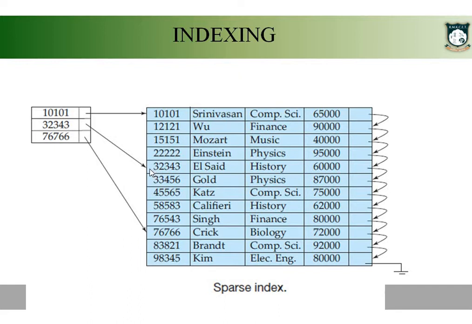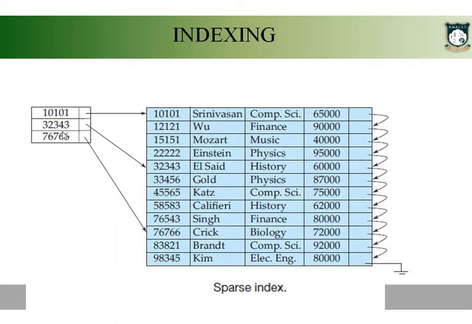Okay, is it clear? Suppose you are looking for the instructor record 12121. You don't have an index record for it, so you start searching the index records one by one. Here you have 10101, but you are looking for 12121. The next index record you have is 32343, but the ID you are looking for is lesser than this.